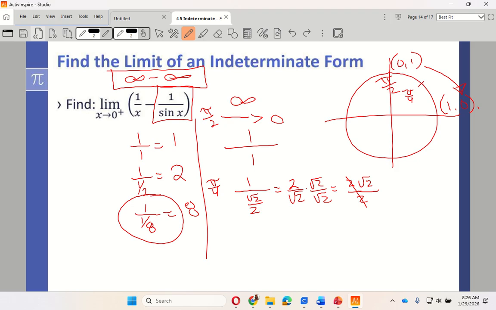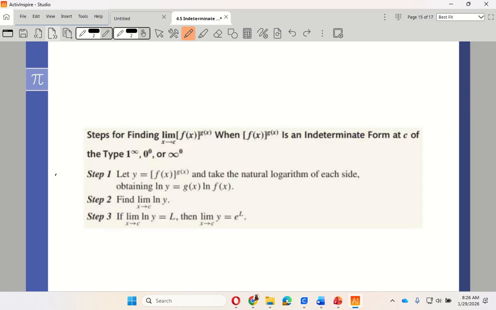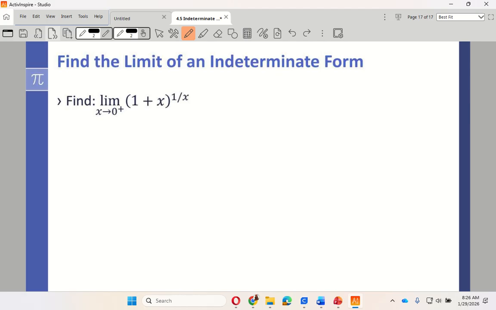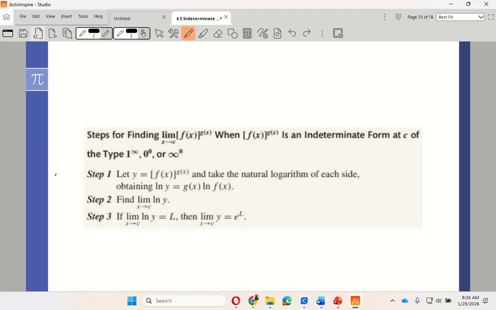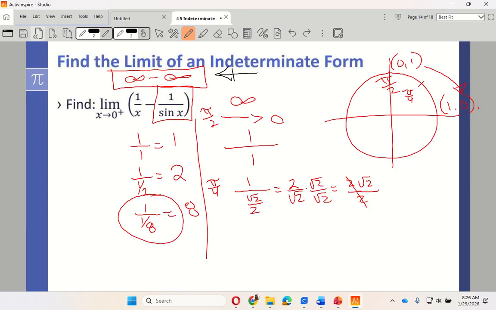Again, we had infinity minus infinity. That is also an indeterminate form, which is in this list. There is a whole bunch of them.